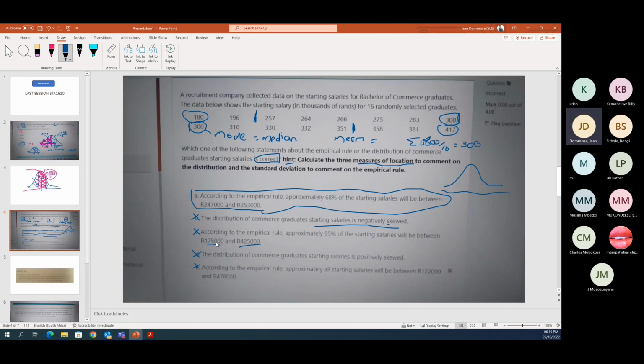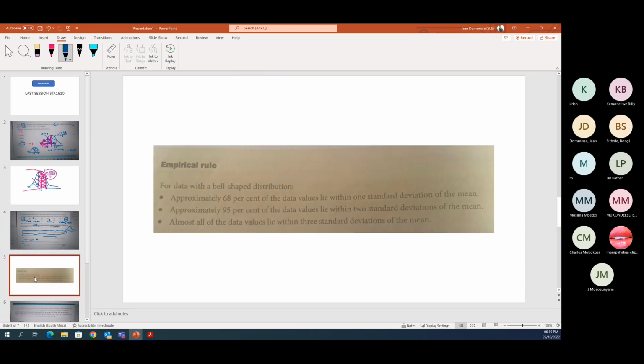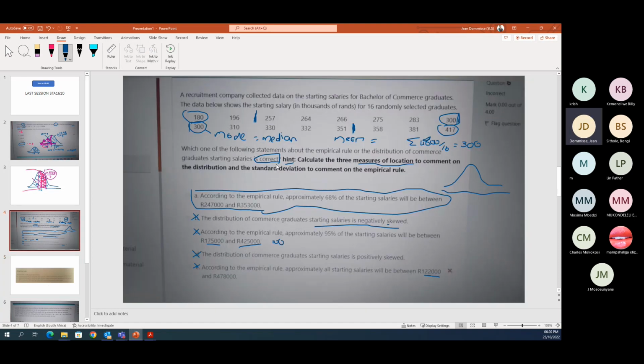If you took those two, it should have been 100%. And according to the empirical rule, it should have started at 180. I did it the easier way around, so that you don't need to use formulas or anything. I just looked, and I think it's important.